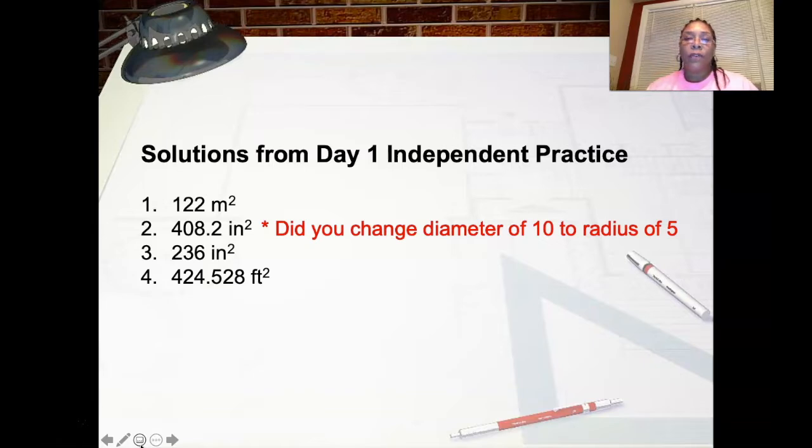Number three, 236 inches squared. And number four, 424 and 528 hundredths feet squared. So hopefully you did get all those correct, but if not, we'll have time to practice a little bit more before the end of the week.